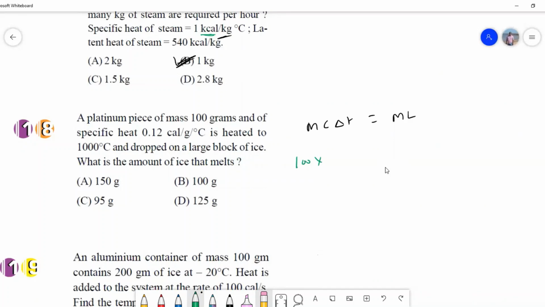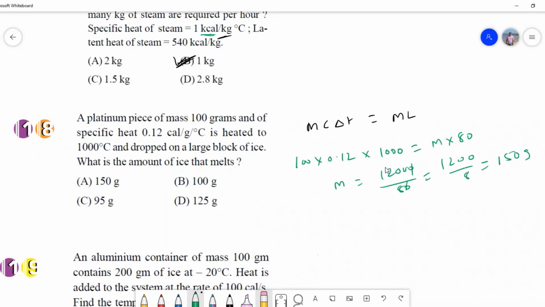What is the specific heat of platinum? 0.12. And what is the change? Ice melts means final 0, so 1000 only. This is equal to, we don't know the mass of ice, M into latent heat. So M is equal to 12,000 upon 80. So 1200 by 8 is 150 grams.